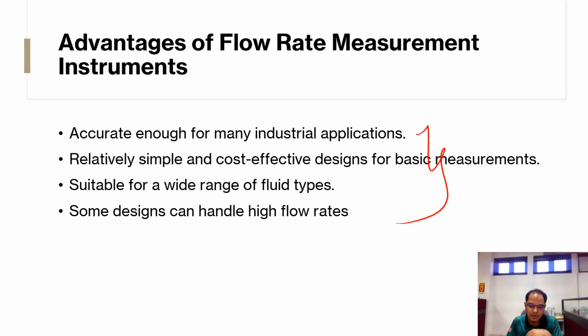Some design can handle high flow rates. Maknanya pertama tu dia tepat, simple dan sangat cost-effective. Lepas tu sesuai digunakan pelbagai industri yang berkaitan dengan fluid. And then some design can handle high flow rates. Maksudnya setengah reka bentuk tu boleh handle dengan high flow rates lah.